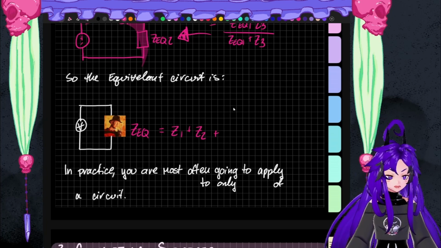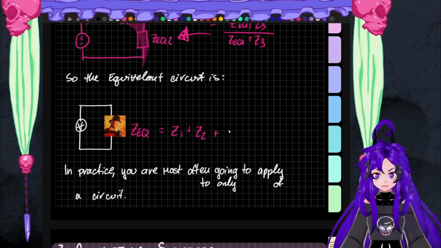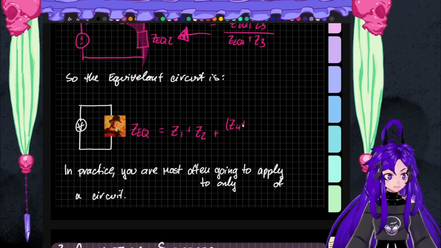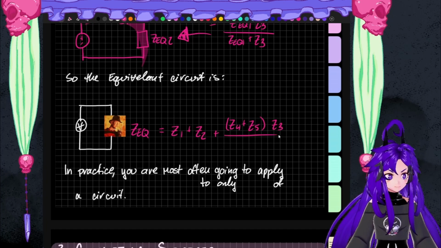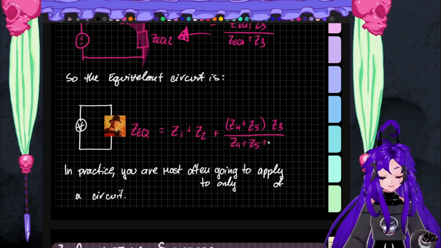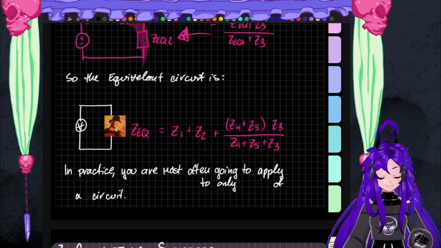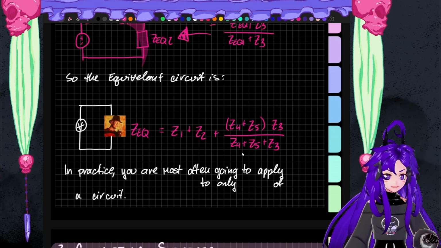And I've already solved that out, so you don't have to see the algebra for it. But it's going to be Z4 plus Z5, Z3 over Z4 plus Z5 plus Z3. In practice, you're probably just going to find numbers at each of these stages.